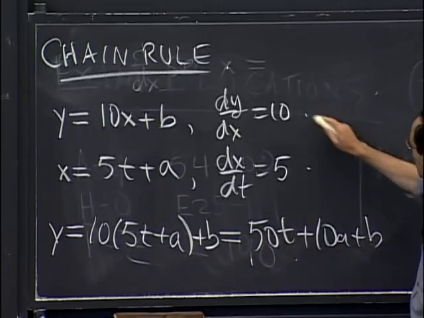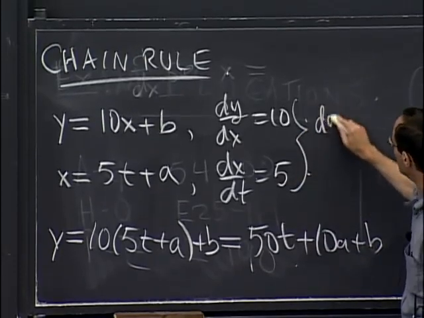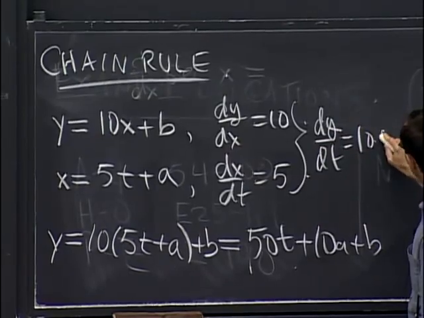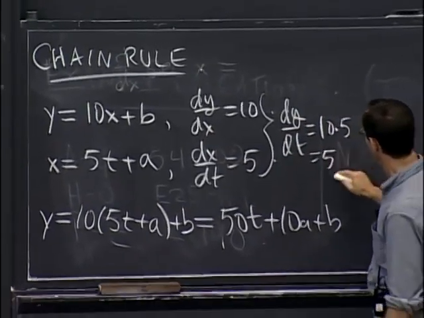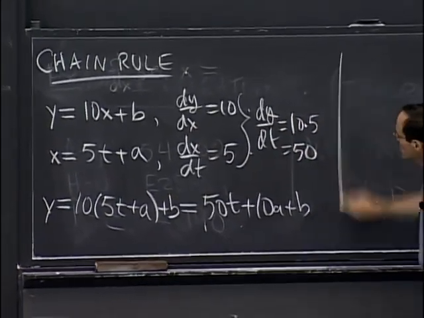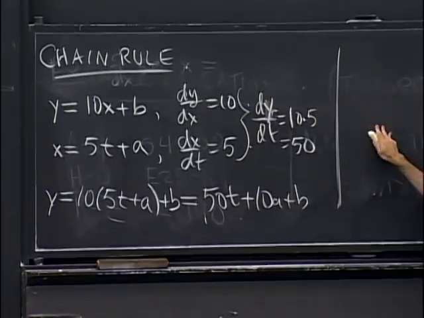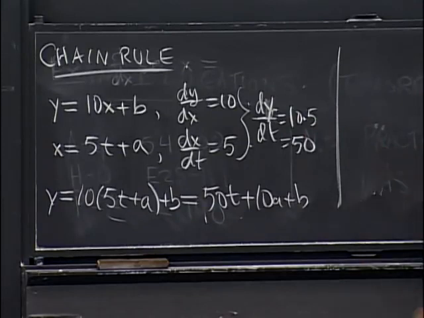And so the consequence, if we put them together, is that dy/dt is 10 times 5, which is 50. All right, so this is, in a nutshell, why the chain rule works and why these rates multiply.